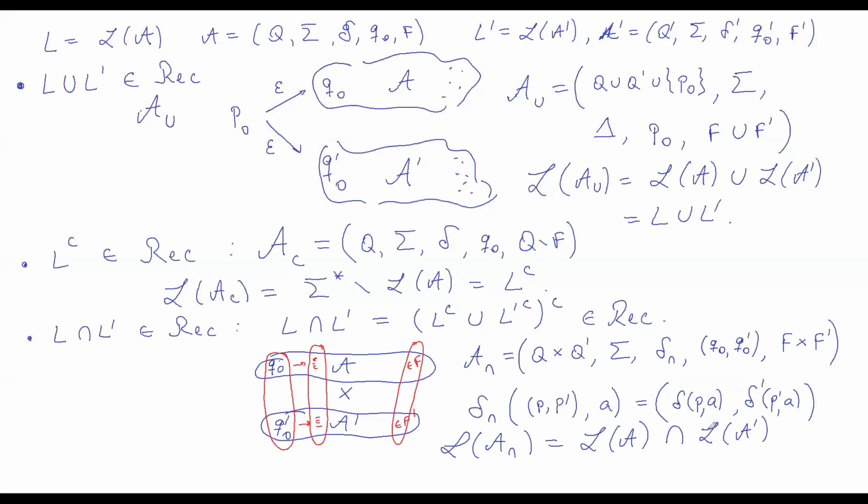And again, the point is, I'm going to accept only those input words that reach a final state on the first component, meaning in this automaton, and they reach a final state on the second component, meaning on this automaton. So hence you have this intersection. And so obviously this is L intersected with L prime.